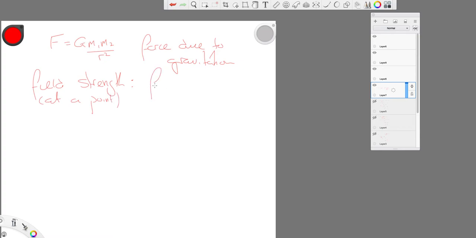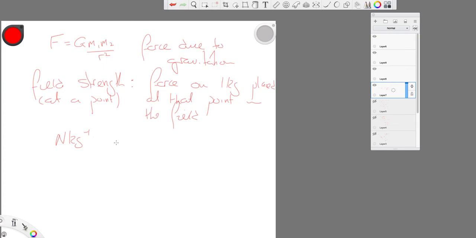It is the force on 1 kilogram placed at that point in the field. So here we have force in newtons. This will be newtons per kilogram.